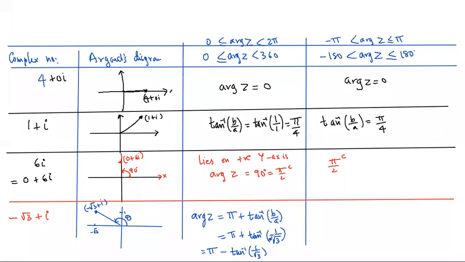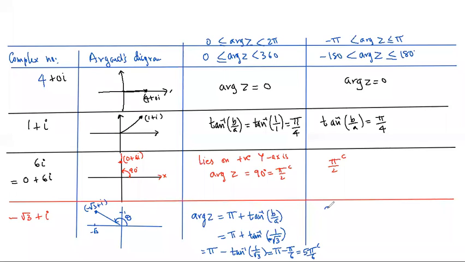Have you marked the negative here? Which angle has tan equal to 1 by root 3? 30 degrees. So pi minus 30, and 30 is pi by 6. Or you can write 180 minus 30, which is 150 degrees. Or you can write 5 pi by 6.